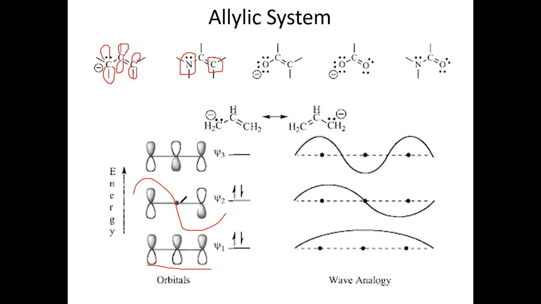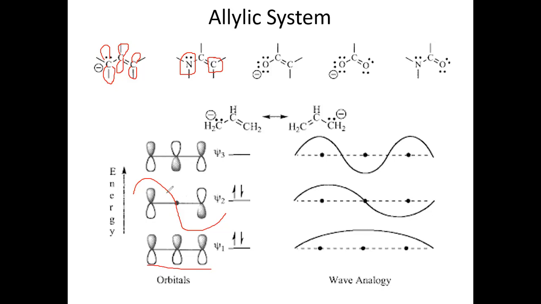So that's a way to explain why the central carbon never participates in a reaction: in the second energy level, which is where it will react from anyway, because you always react from your higher energy levels, there's no p orbital here. It gets canceled because the wave passes straight through it.